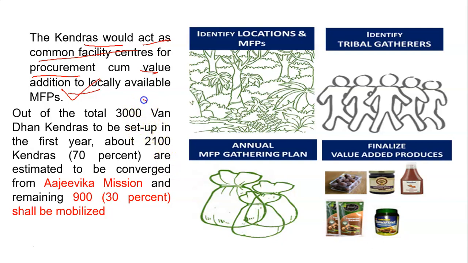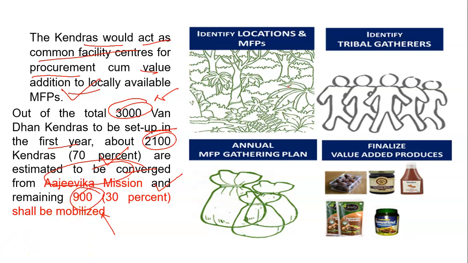Out of the total 300 Van Dhan Kendras to be set up in the first year, about 70% of the total Kendras which the government wants to develop through this scheme are to be covered under the Ajeevika mission, and the rest will be mobilized through this scheme.